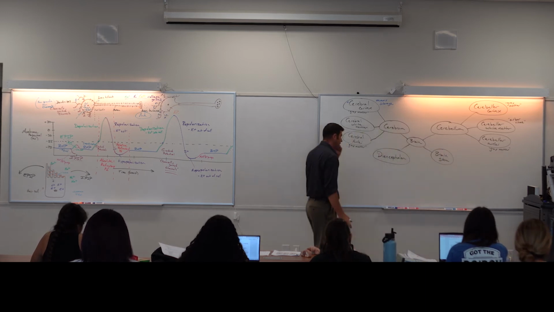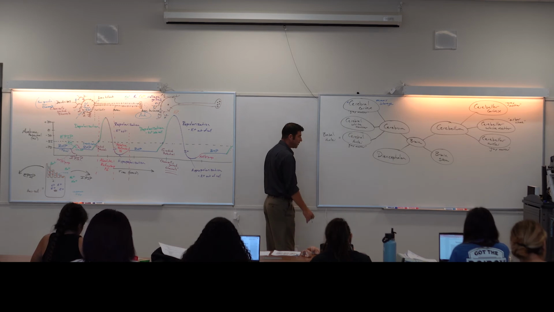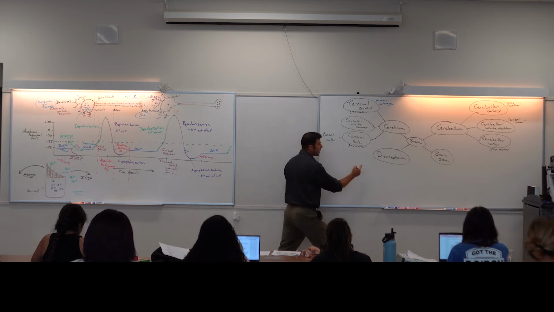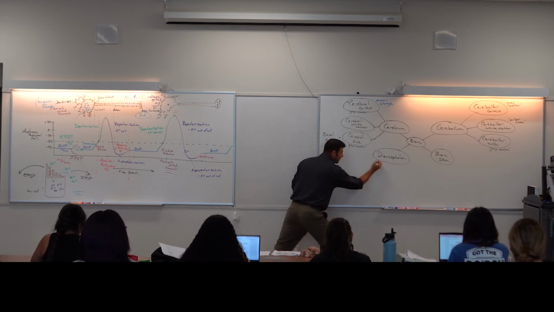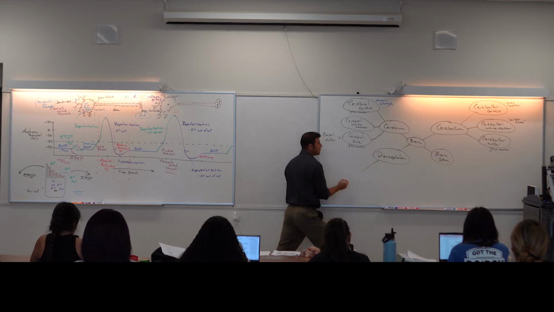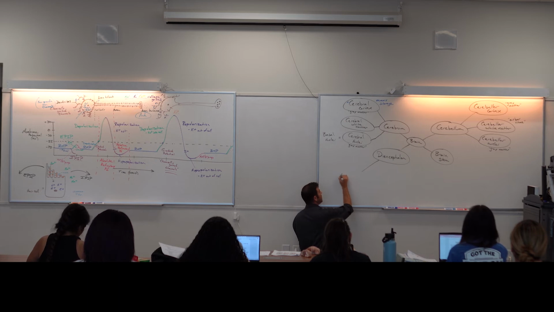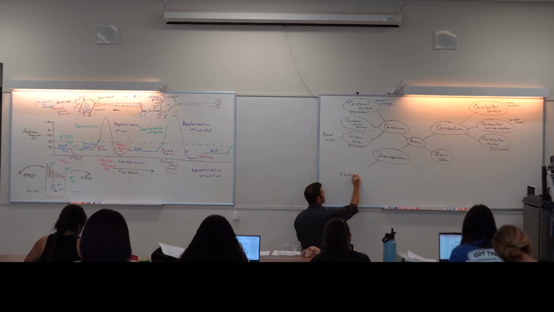Each one has three regions, so I'll just tackle this diencephalon region first. The thing to remember about the diencephalon, the three regions, they're all based around what we call the thalamus. So the thalamus is going to be this oval-shaped, kind of a football-looking structure in the middle of the brain.